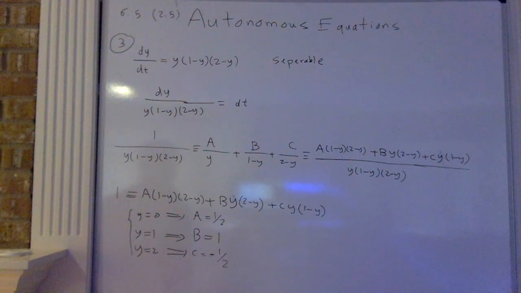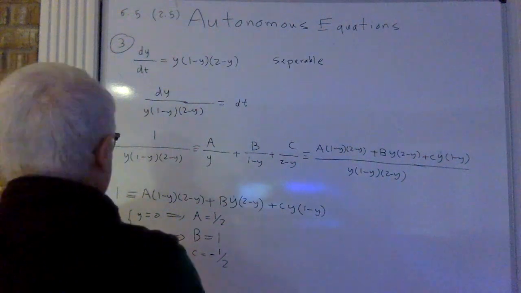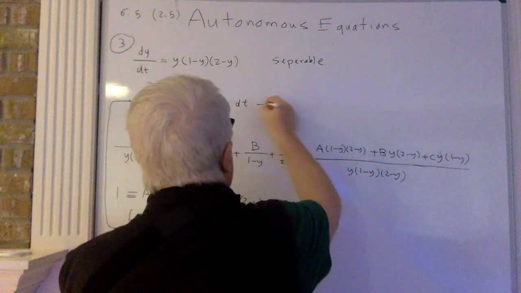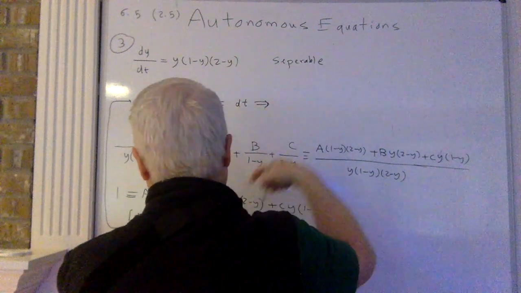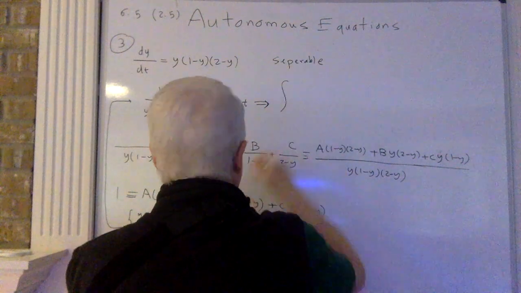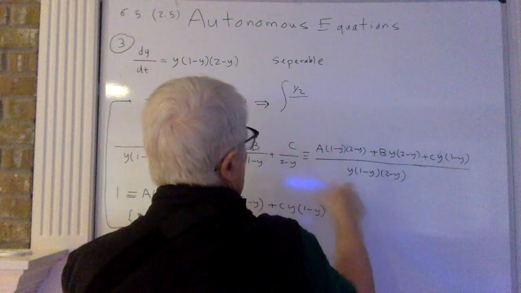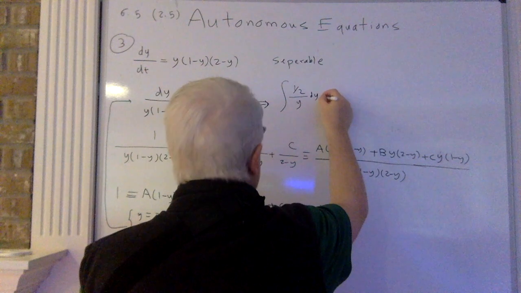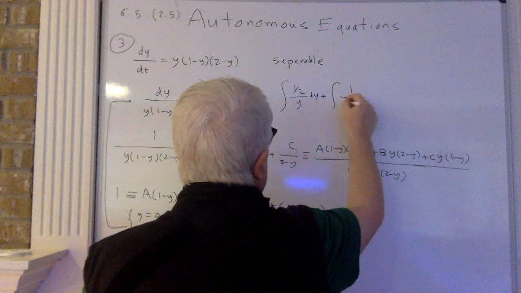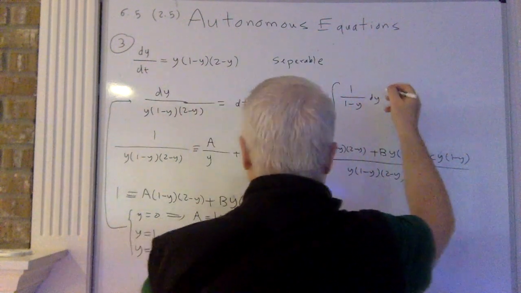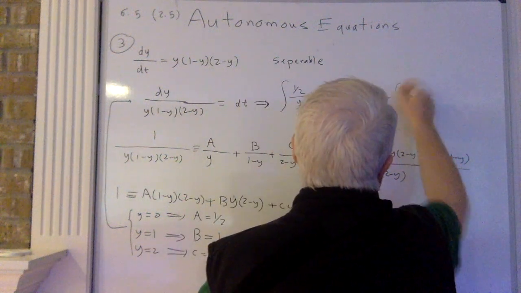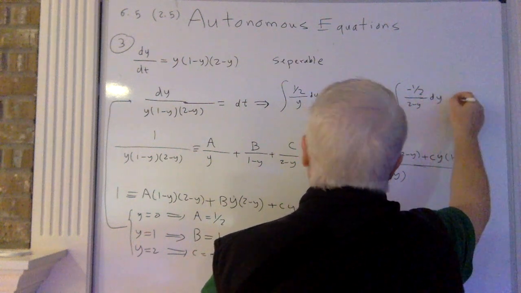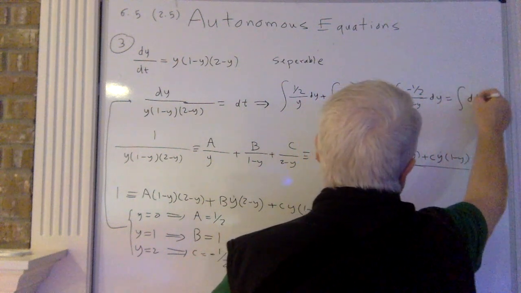Okay, so let's go back here. So I have these three, so I have integral of 1 half over y dy, plus integral of 1 over 1 minus y, minus, let's write this way, minus 1 half, integral of 1 over 2 minus y dy. And on this side I have integral dt plus a constant.